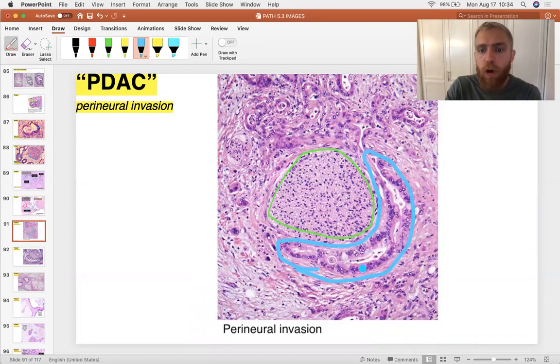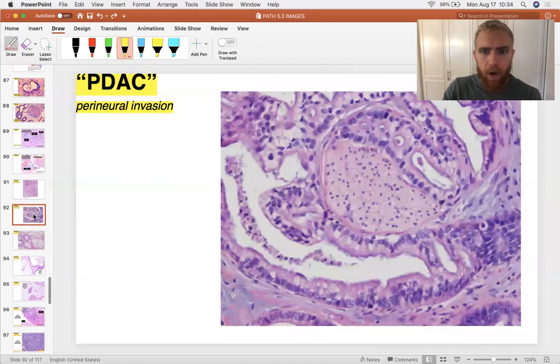But you can tell those are cuboidal transitioning into columnar, more dysplastic pancreatic ductal cells that are the cell of cancer in adenocarcinoma. And then you can kind of see the perineurium going around and investing all those tissues. So that's exactly what we mean by perineural invasion.